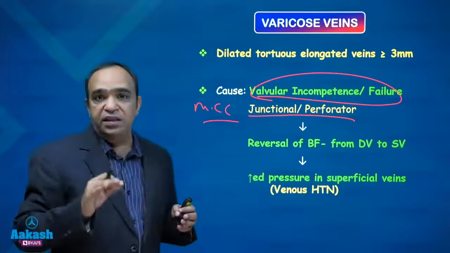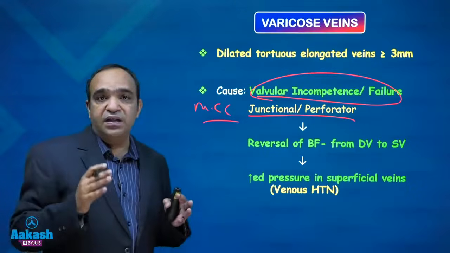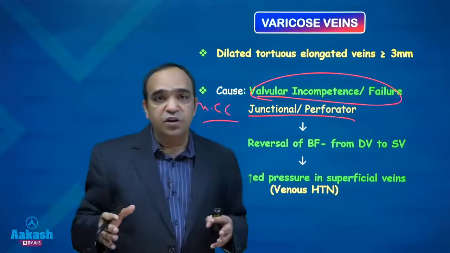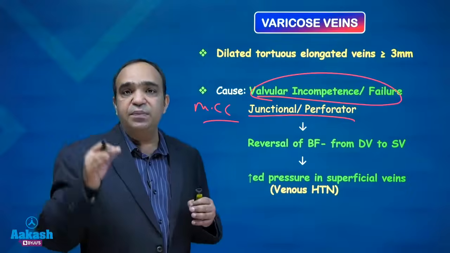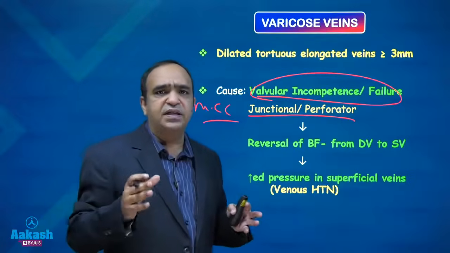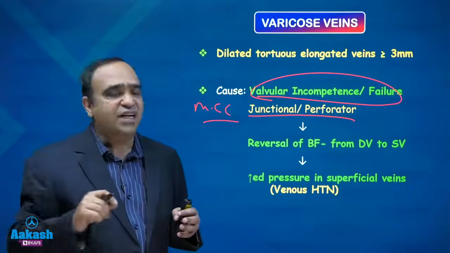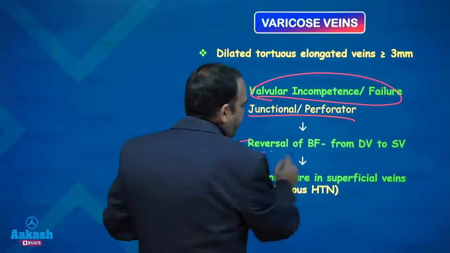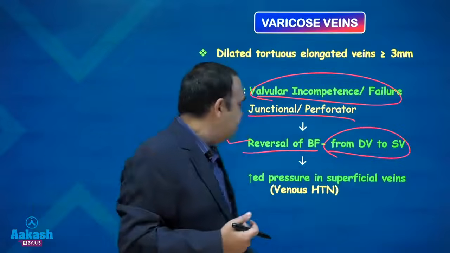Along the course in the leg, these veins have multiple perforators, and these perforators connect superficial vein at multiple sites to the deep veins. So when we talk about the perforator incompetency, means numerous perforators, right? So these valves fail and it causes localized dilatations of the superficial veins. And when the valve fails, there is reverse flow from deep vein to the superficial vein.